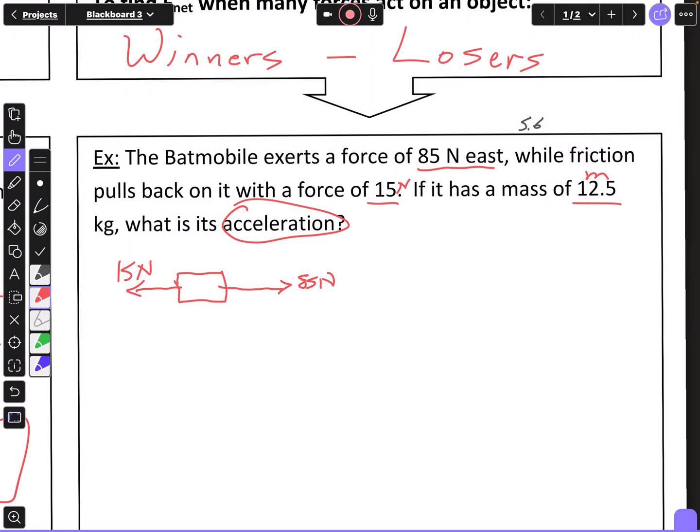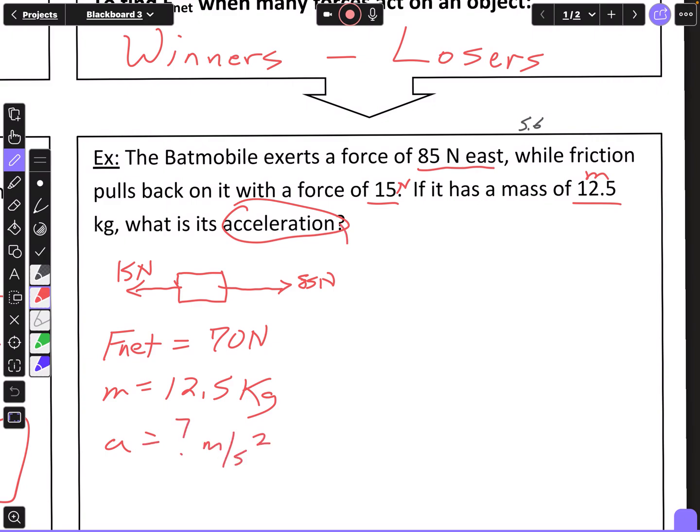So my net force, in this case, is going to be 85 minus 15, which would give me 70 newtons. And then it told me that I had a mass of 12.5 kilograms. And now I want to solve for acceleration. And that's going to have units of meters per second squared.